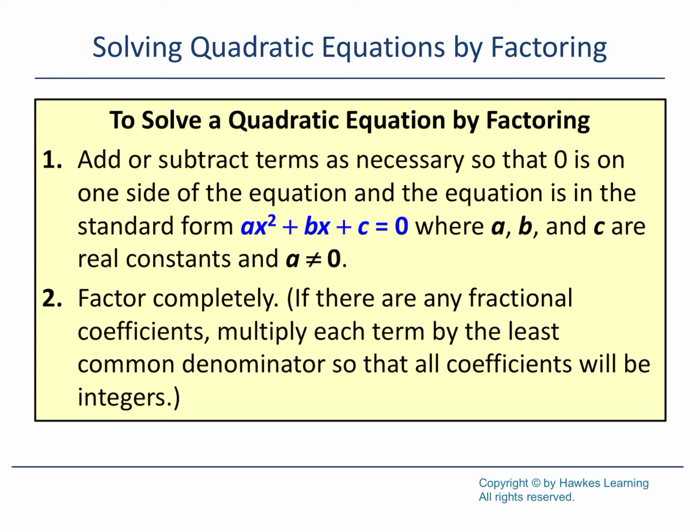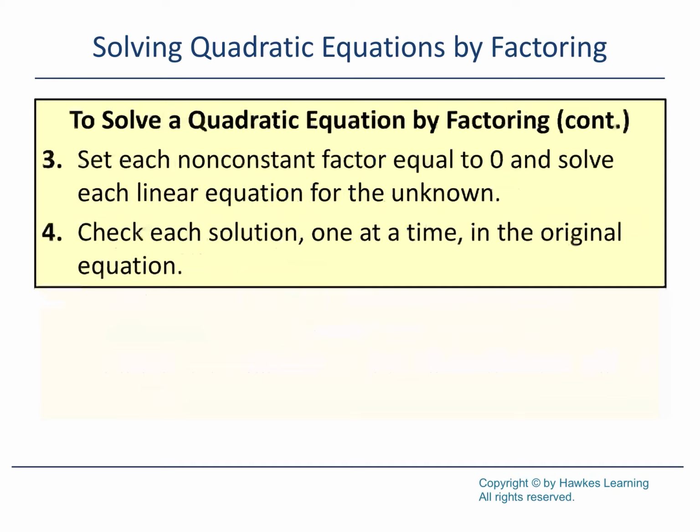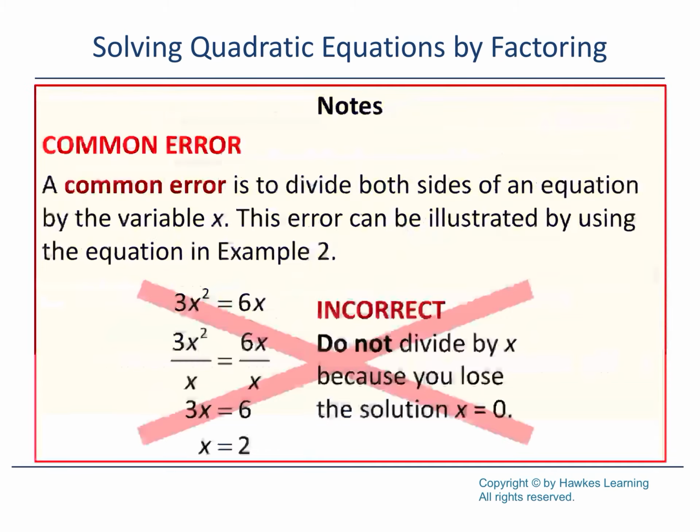Make sure everything is factored. So that we have a bunch of factors equal to 0, right? And then we go through and we set each one of those factors equal to 0 and find out what the variable would need to be. And then you can check them one at a time. They should all work, right?